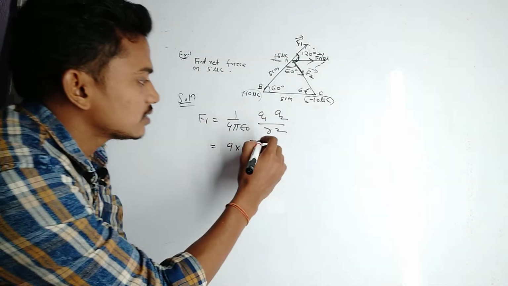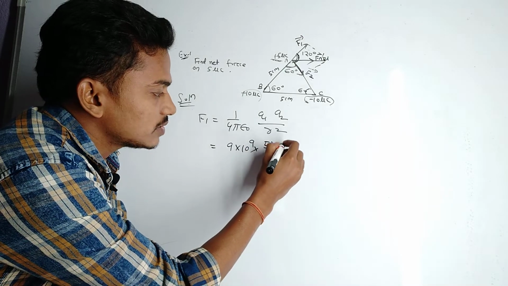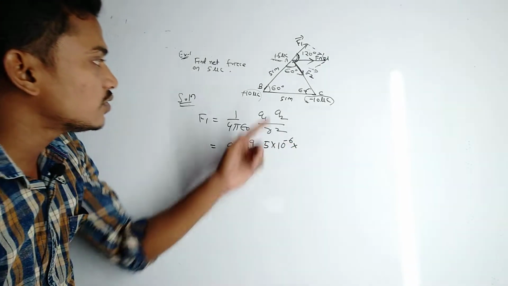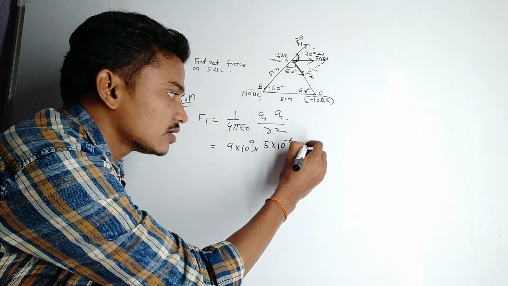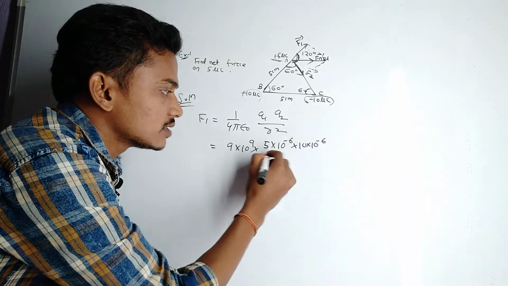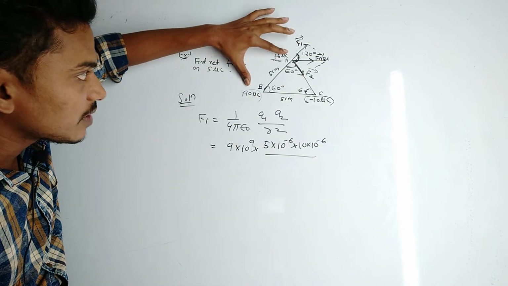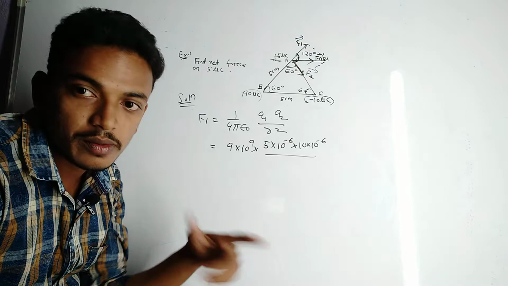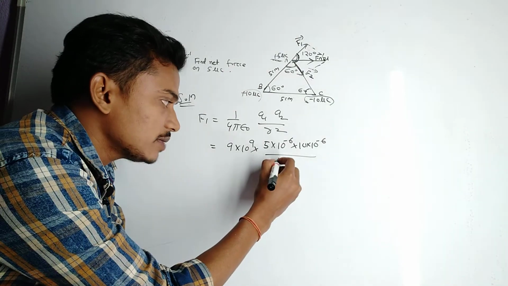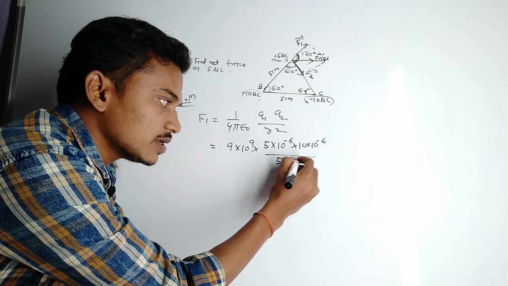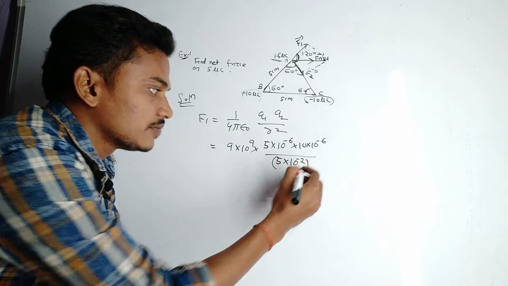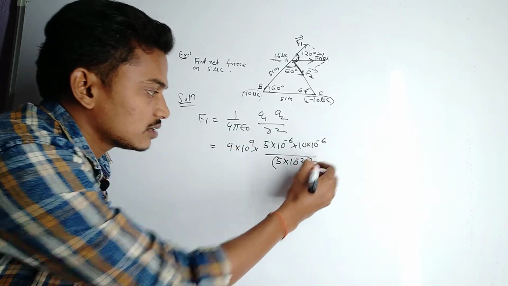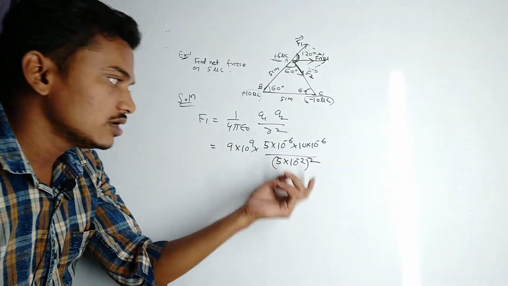So q1 is 5 microcoulomb, micro means 10 to the minus 6, and q2 is 10 microcoulomb, means 10 into 10 to the minus 6, and the separation is 5 centimeter. We have to convert it into meter, so 5 centimeter is 5 into 10 to the minus 2 meter.